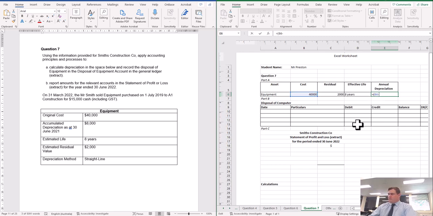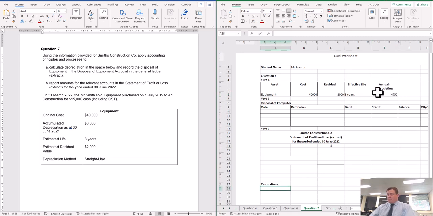Take away the residual of $2,000 divided by the effective life of 8 years. And that will give me the annual depreciation of $4,750. So each year this equipment depreciates by $4,750. Then I know for the current year, I've got to work out the proportion of that.